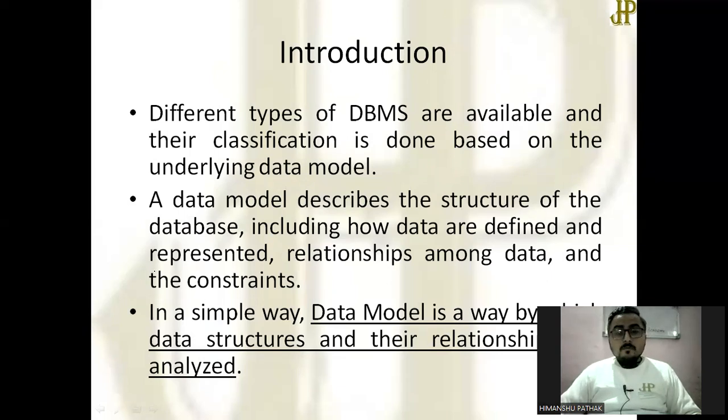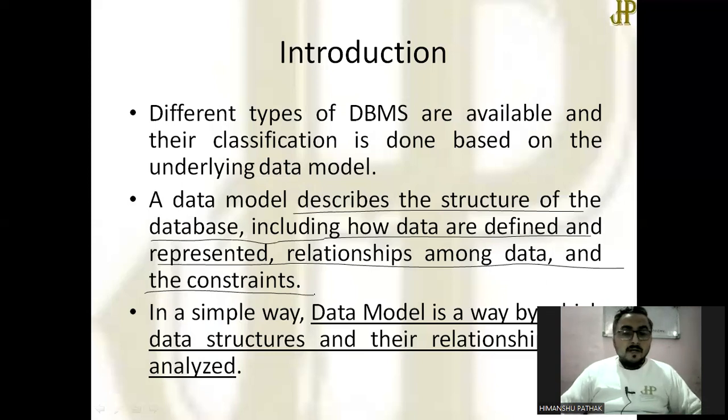A data model describes the structure of the database, including how data are defined and represented, how the relationship will be created among data, and what are the constraints, means rules and regulation among the data.